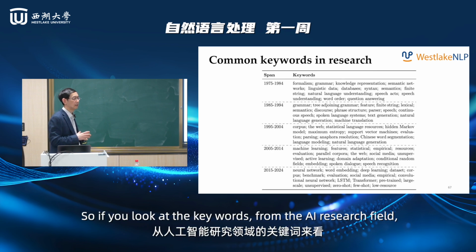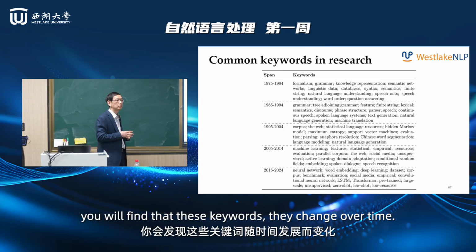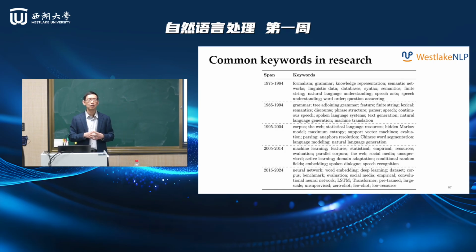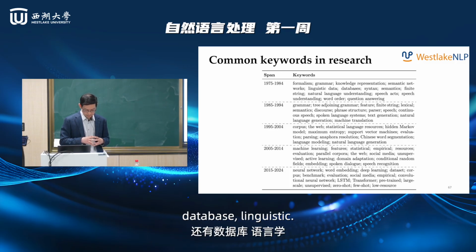So if you look at the keywords from the AI research field, you will find that these keywords change over time. In the 1950s, people cared about grammar, knowledge, speech, word order, database, linguistics.